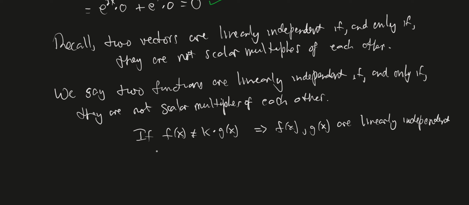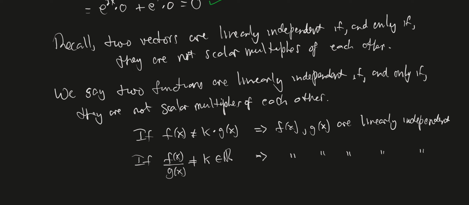So another way to say this is if f of x divided by g of x is not a constant, so if the ratio of two functions is not a constant, then the conclusion is the same. f of x and g of x are linearly independent.